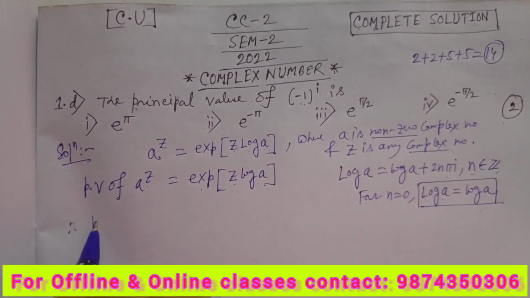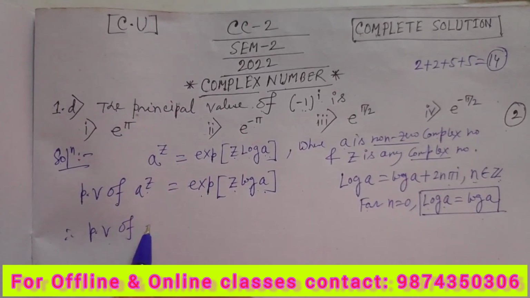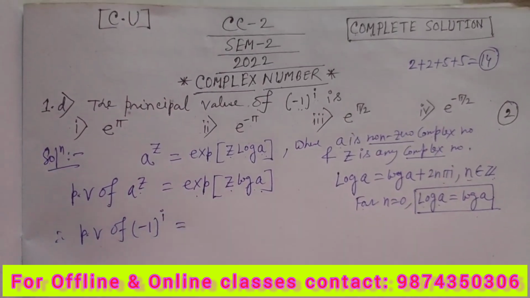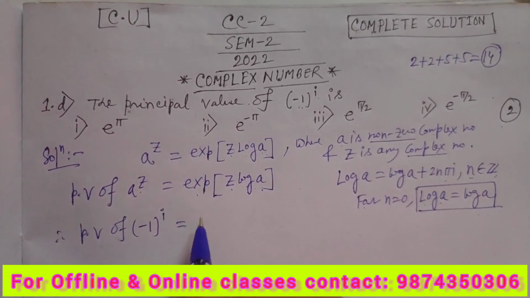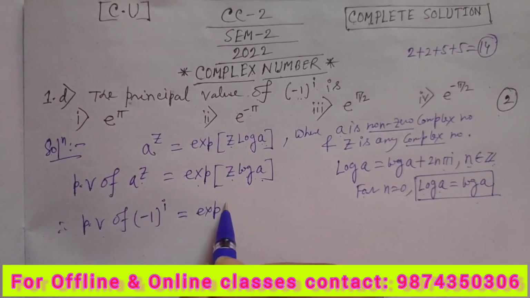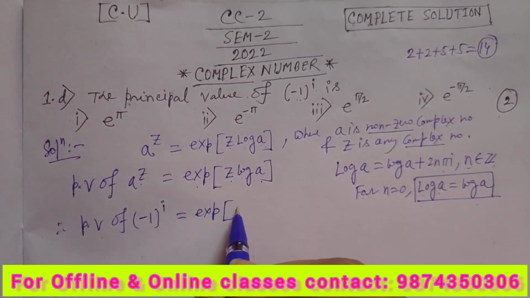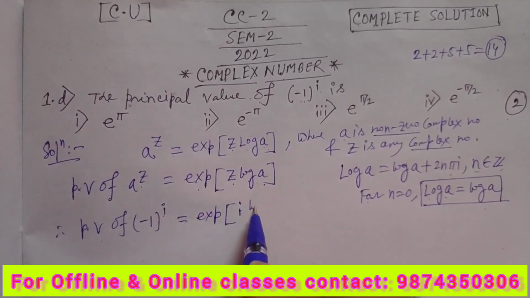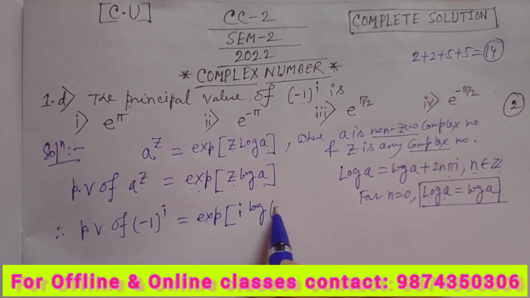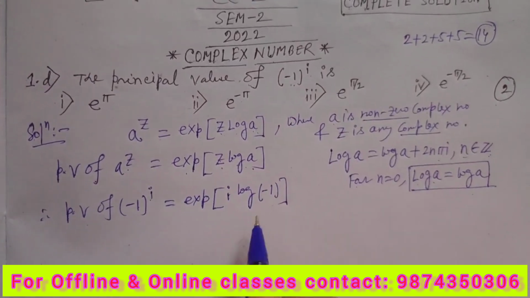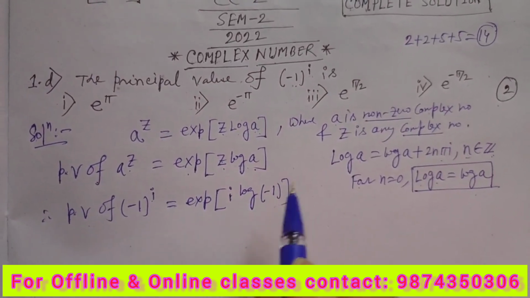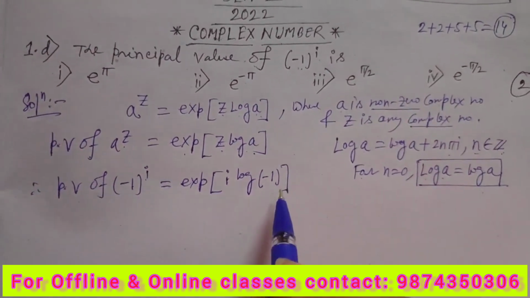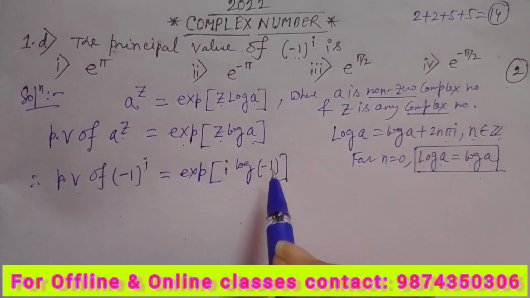Therefore the principal value of (-1) to the power i is equal to exp(i log(-1)). We know that the logarithm of a negative number is undefined in the real number system, but here we are taking -1 as a complex number.